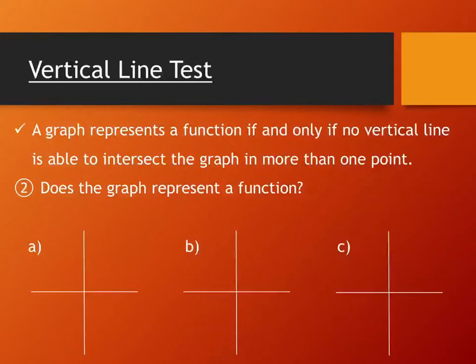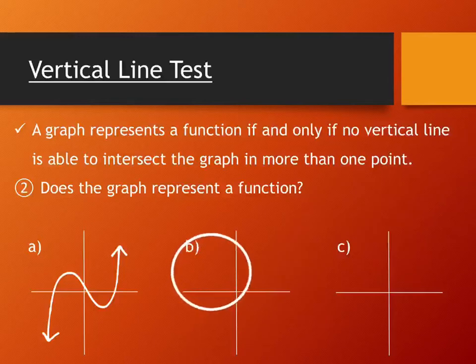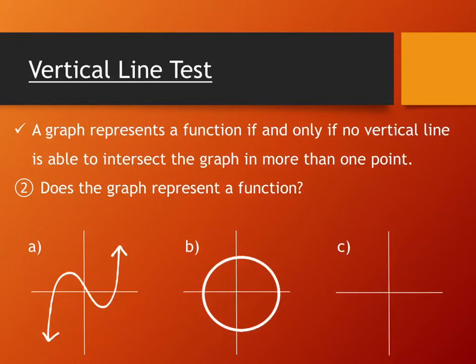So I'm going to draw 3 different graphs. This is what they would look like already on your homework or whatever. So this is my first graph. So just sketch that in there. Here's my second one. And then here's my third one. So the vertical line test says that I can drop vertical lines through my graph.